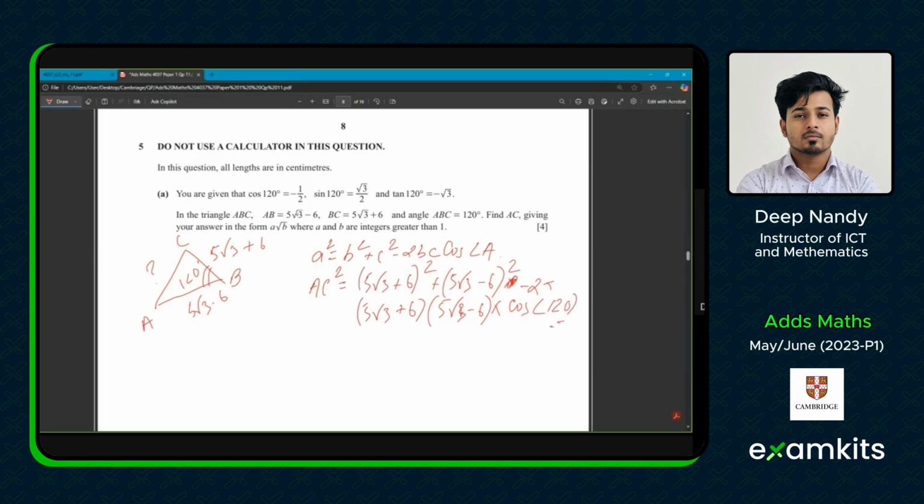For this cos 120, we have been given that the value of cos 120 is minus half.